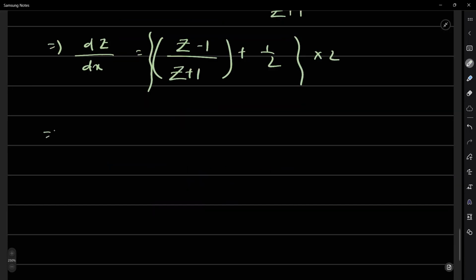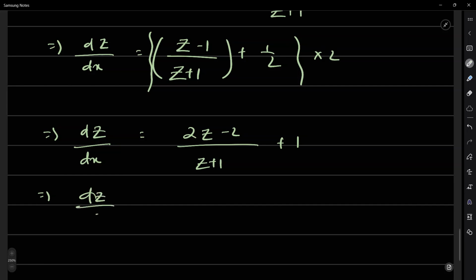So now dz by dx equal to 2z minus 2 divided by z plus 1 plus 1, right? This 2 is multiplied with both the terms.